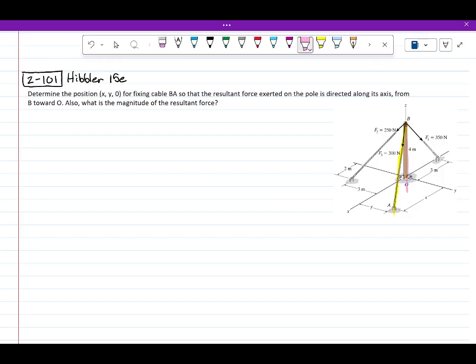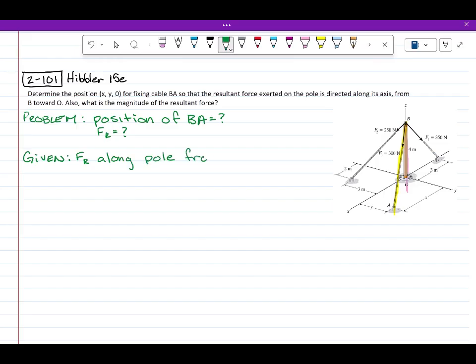So the two things that we're looking for are the BA force and the position, which is x and y, and also the magnitude of the resultant force that's occurring along this pole here at 4 meters.